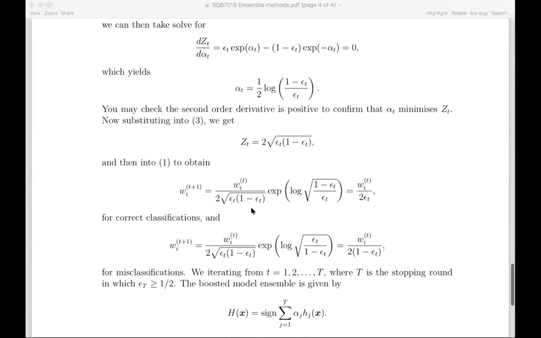And this is for the correct classification, all right, where the update becomes simple. The weight update for the ith observation is the present weight divided by 2 times the error rate. For correct classification, let's check.